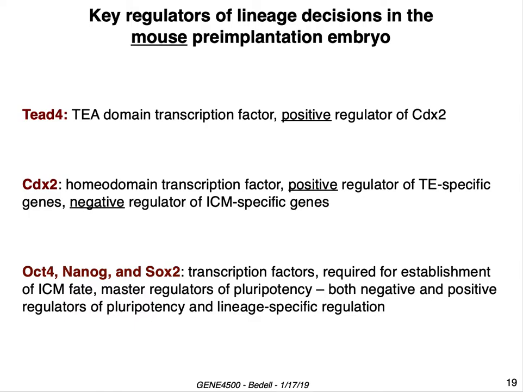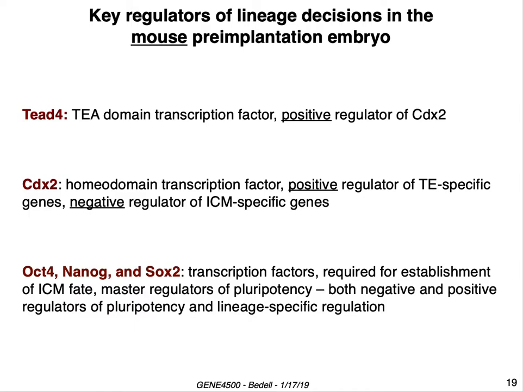In the inner cells, low CDX2 will cause higher levels of expression of these other transcription factors. In the outer cells, high CDX2 will cause low expression of all the other transcription factors. Don't worry about the difference between these two models. In fact, it's probably a combination of both of these.